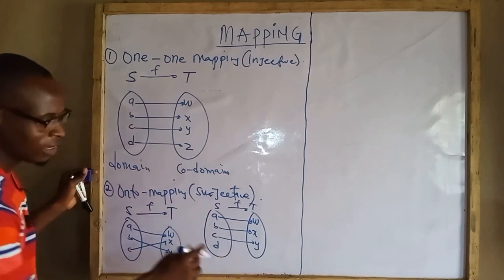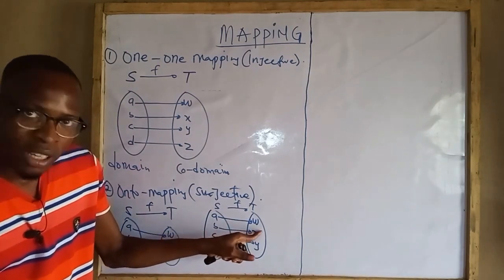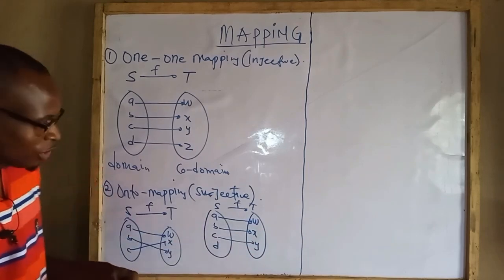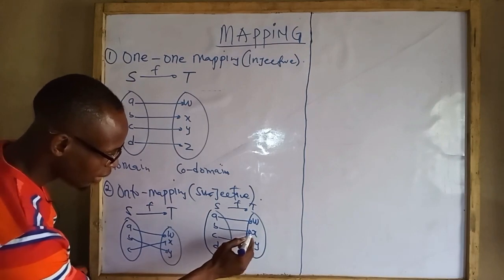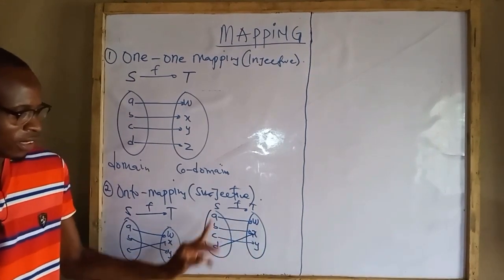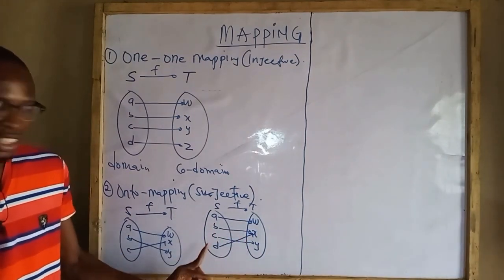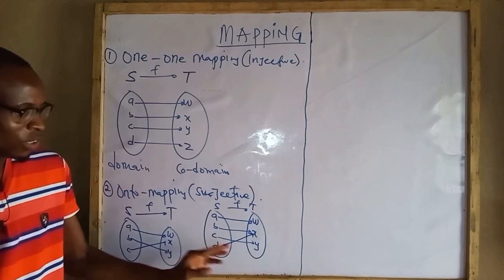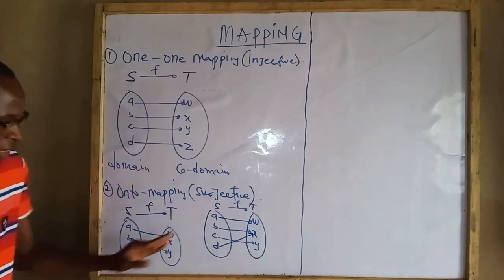But we said at least, the codomain can have more than one image. So if I take this with this, you can see that X is having more than one image here. Are you following? It's having both B and D. So this can also be onto mapping. Are we together? So this and this, they are the same.